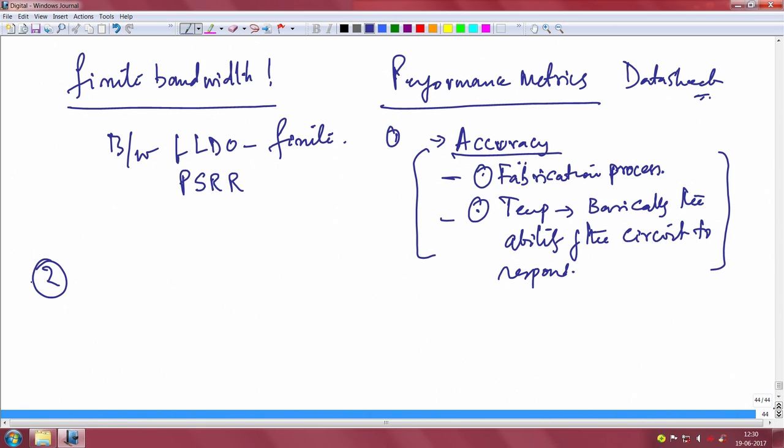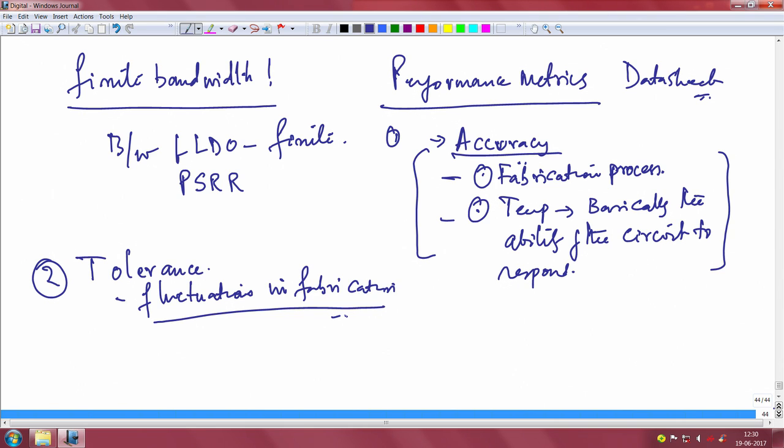Second thing is, you may also want to look at tolerance. Again, this largely comes from fluctuations in fabrication.